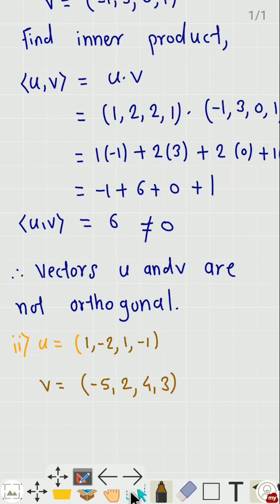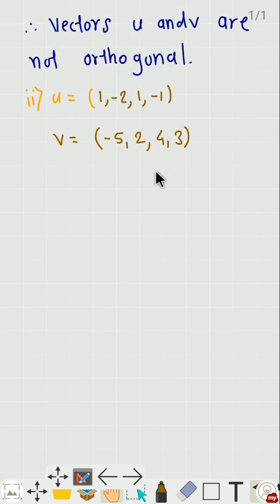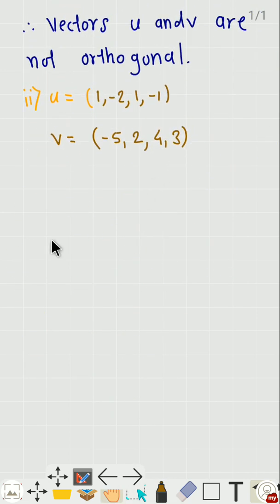Now again we check whether the inner product is 0 or not. If the inner product is 0, then we say that the vectors are orthogonal, and if the inner product is not equal to 0, then we say that the two vectors are not orthogonal. So let us find the inner product of these two vectors, vector u with vector v.